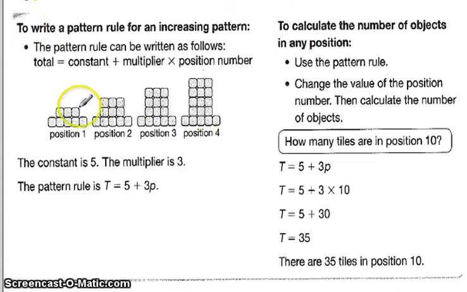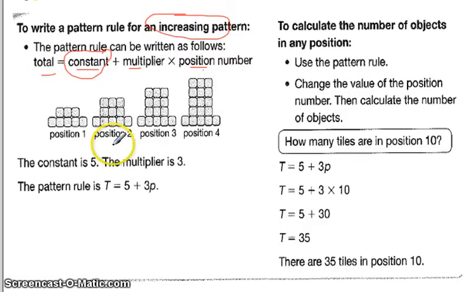So let's look at this a little more closely. When we're talking about increasing patterns specifically, we often use a formula that looks like this: total equals constant plus the multiplier times position number. The constant is something that never changes. It's always the same. The position number is what position we are looking at.